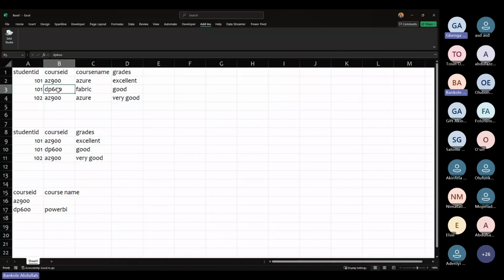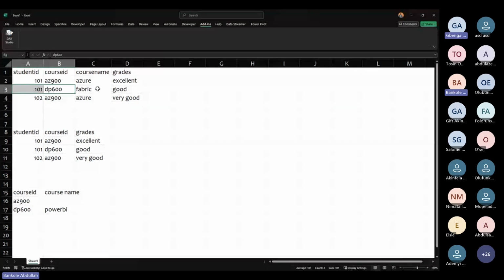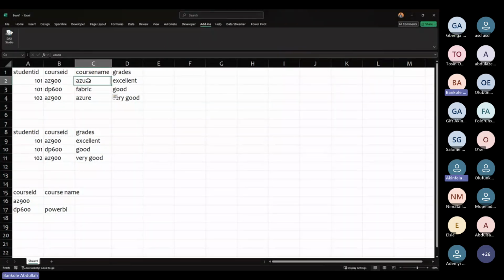Or the exam itself. Yes, the exam that was written. The two together. Fabric alone is the exam. Azure alone is the exam. But a grade, Excellent, cannot just stay on the exam. You have to have taken the exam to have a grade. So a person took Azure 900 and it was excellent.